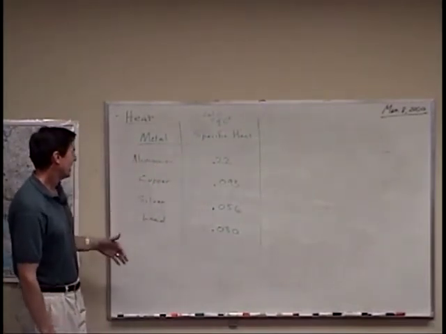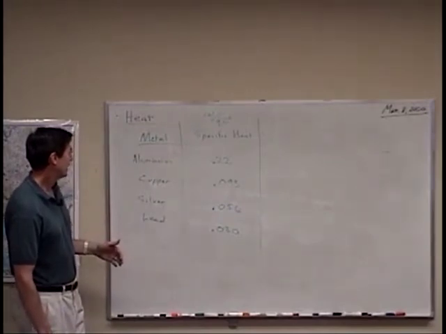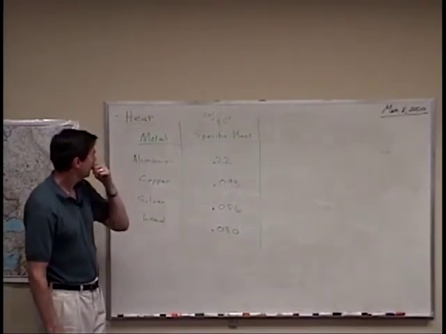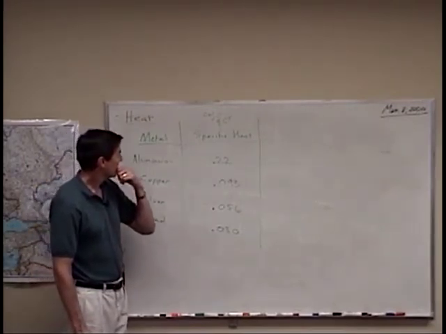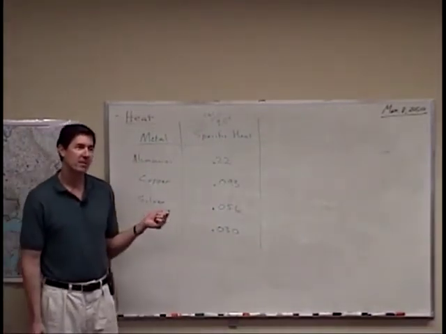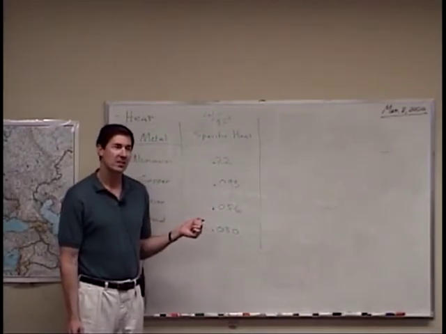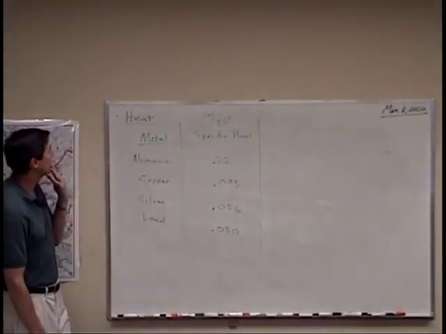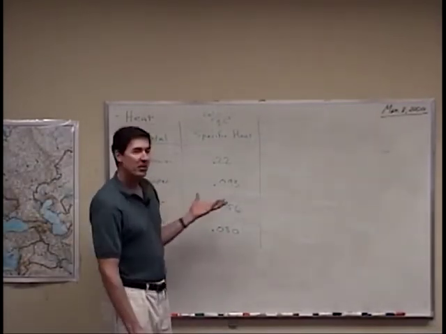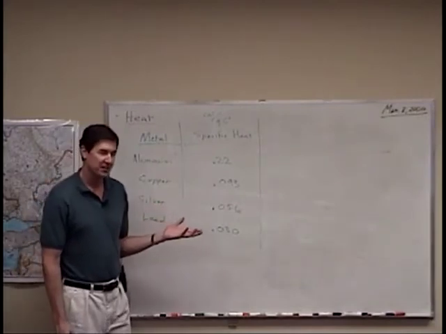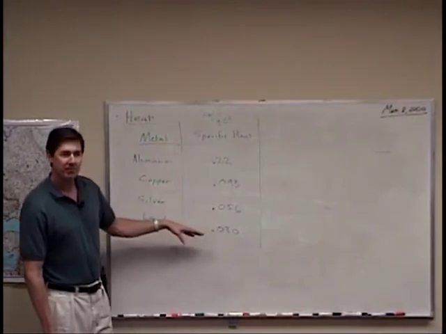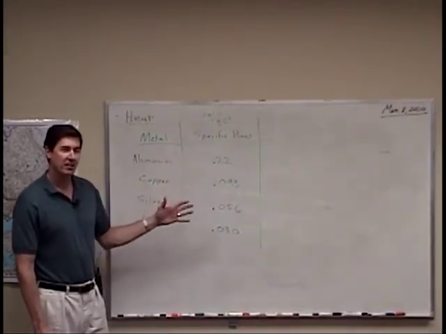Now, before I gave you a list, well, let me lead into the next thing I want to tell you in this way. A couple of French physicists in 1819 looked at these numbers and they had an interesting idea.